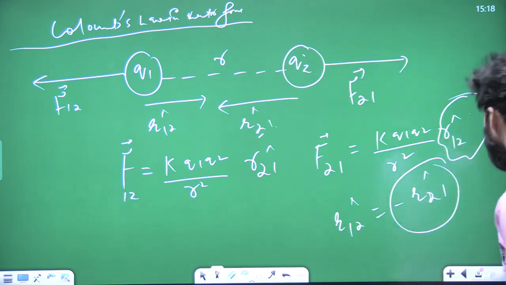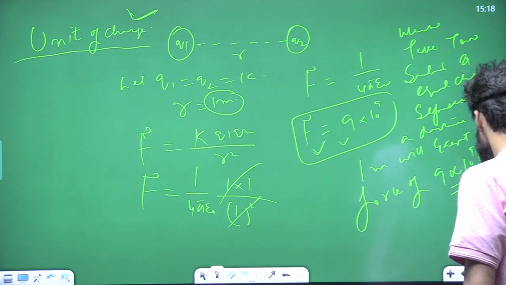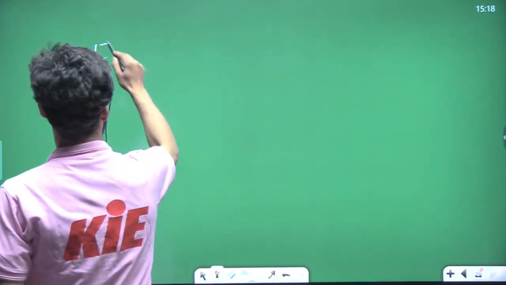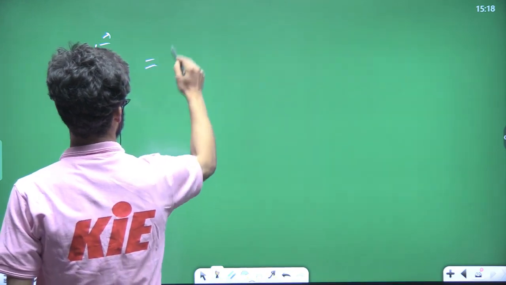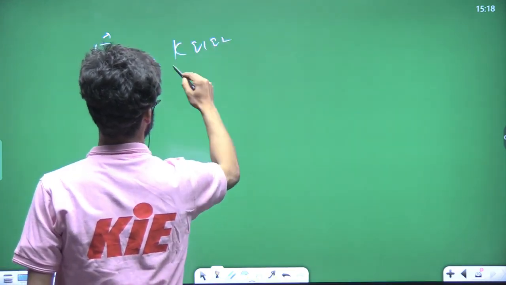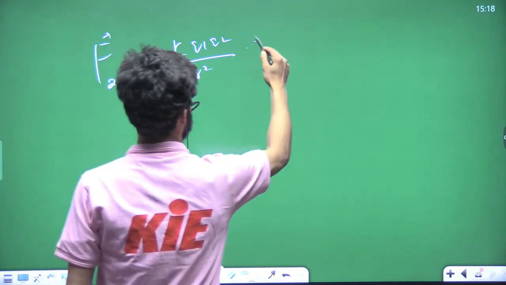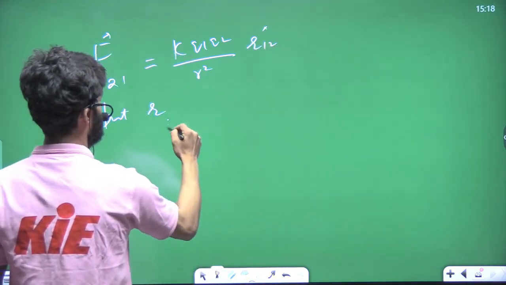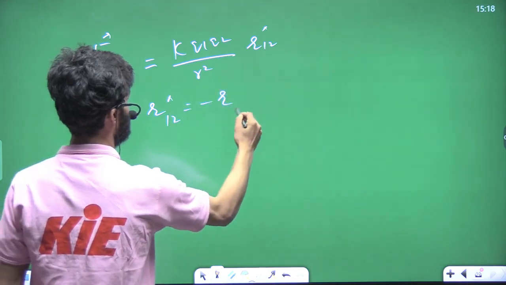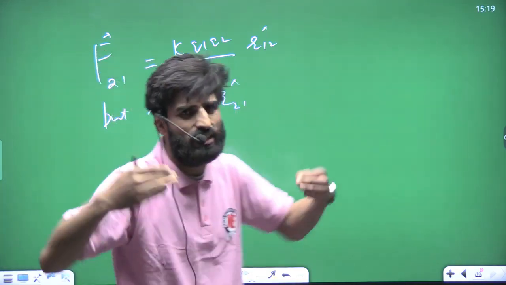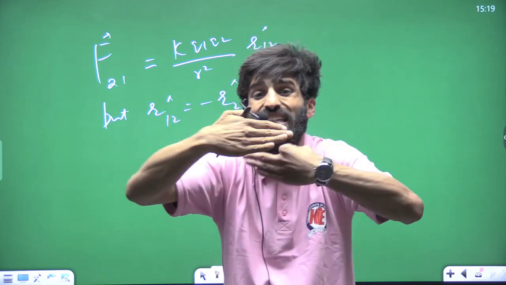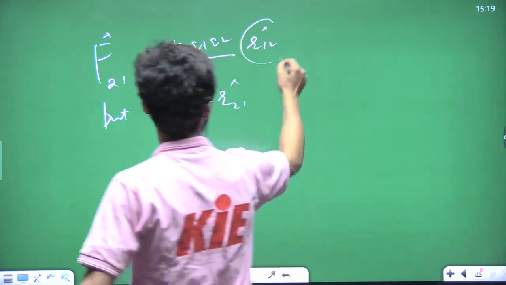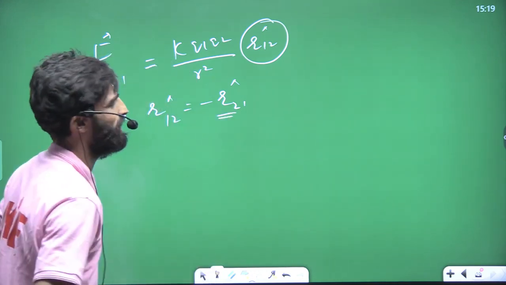So next slide, we are going to have F21 is equal to K times Q1 Q2 divided by R square, and it was R12 cap, but R12 cap is equal to minus of R21 cap because these position unit vectors are opposite to each other.